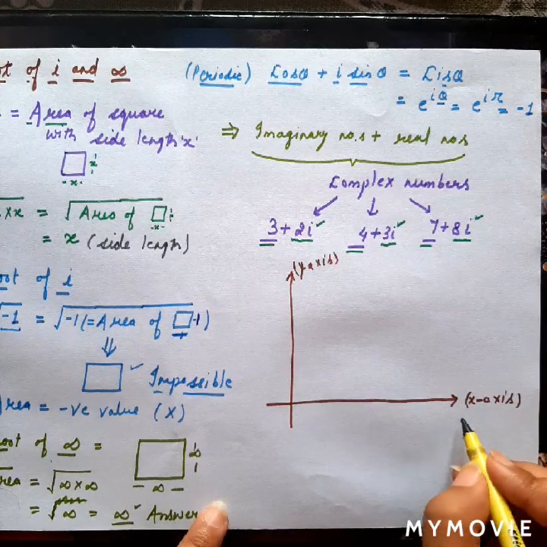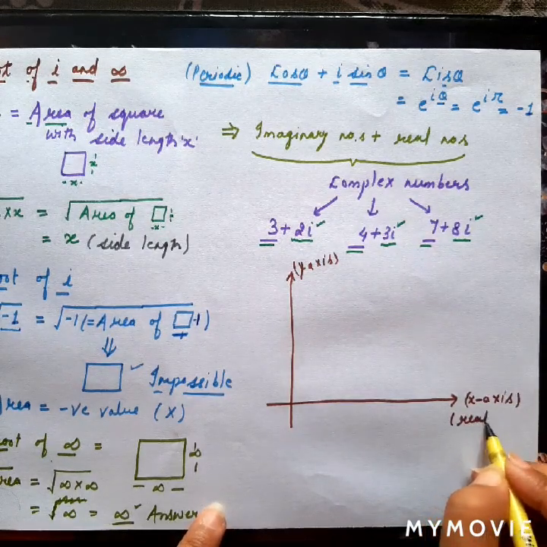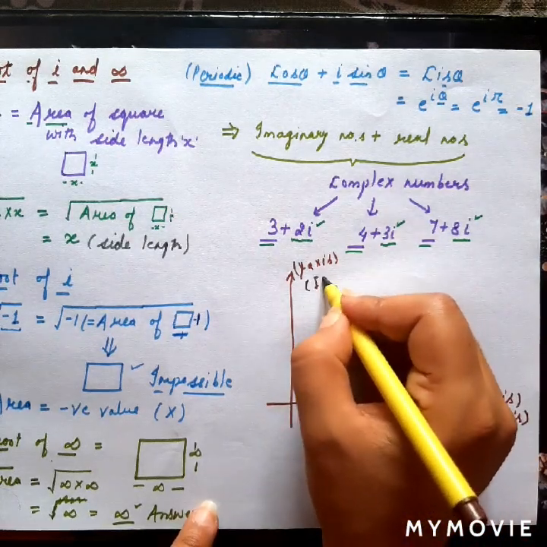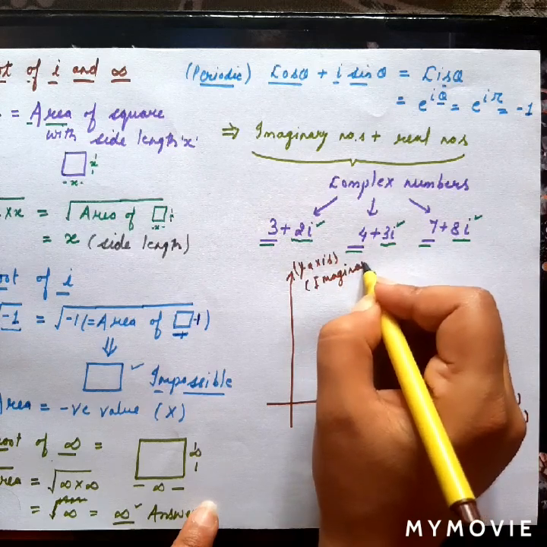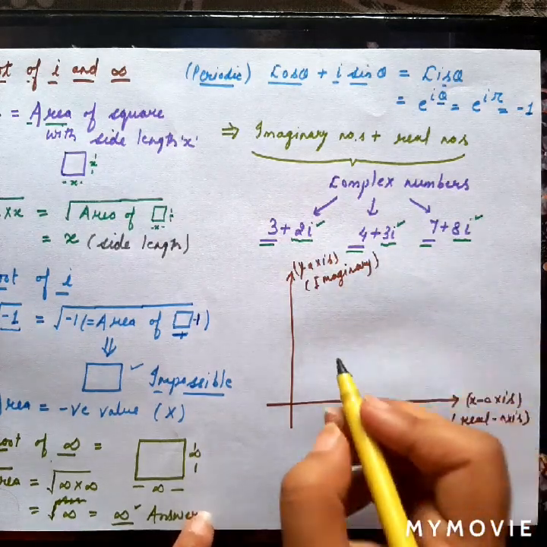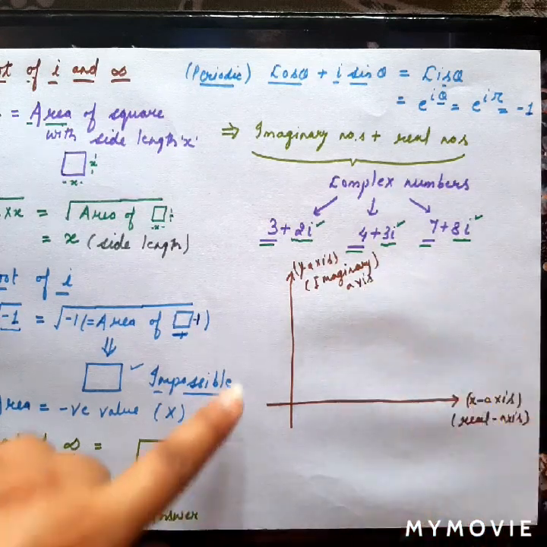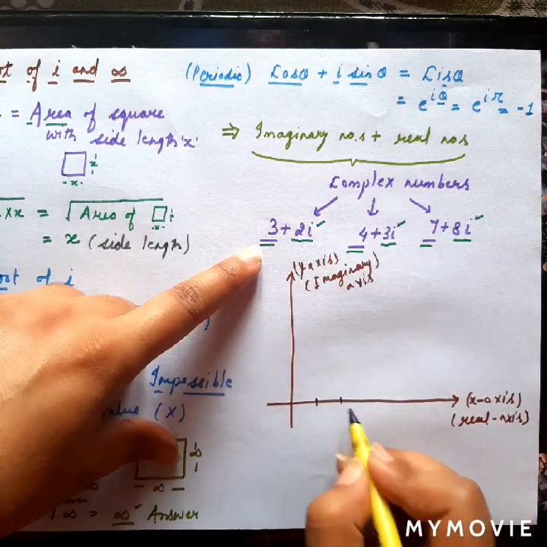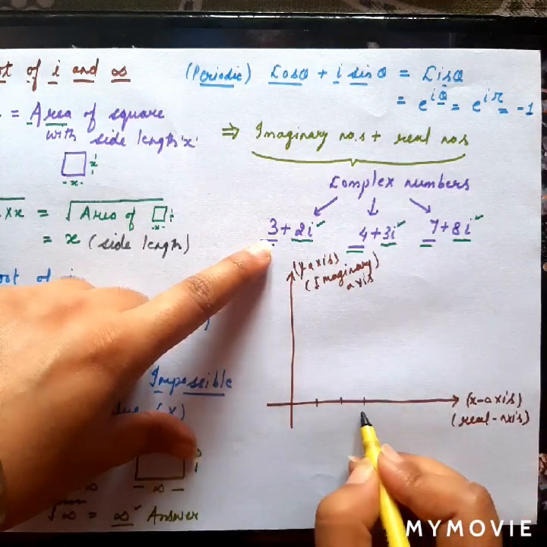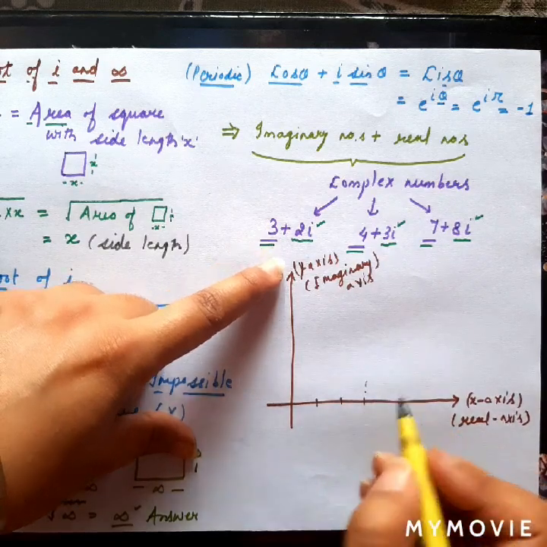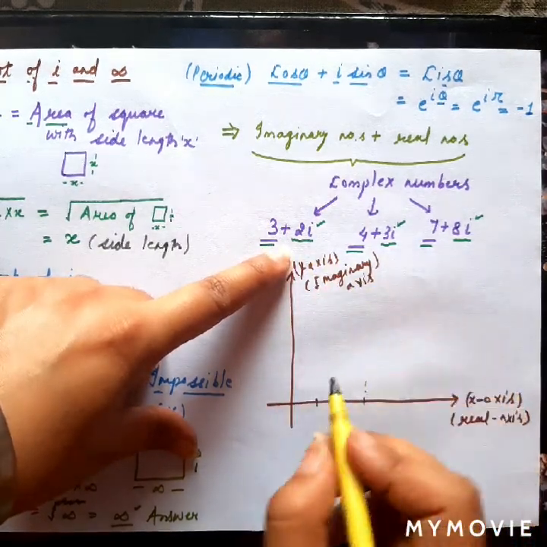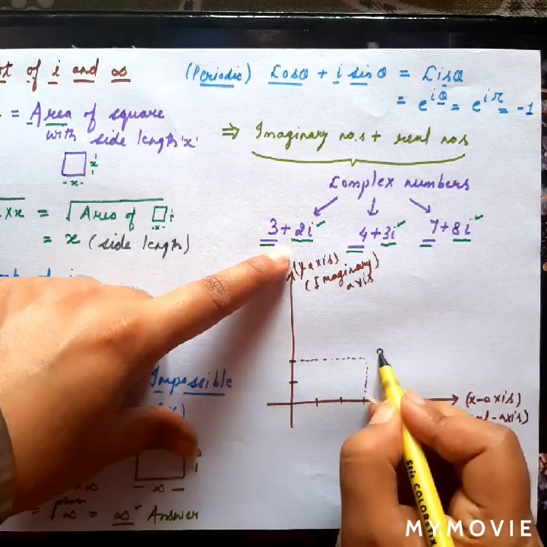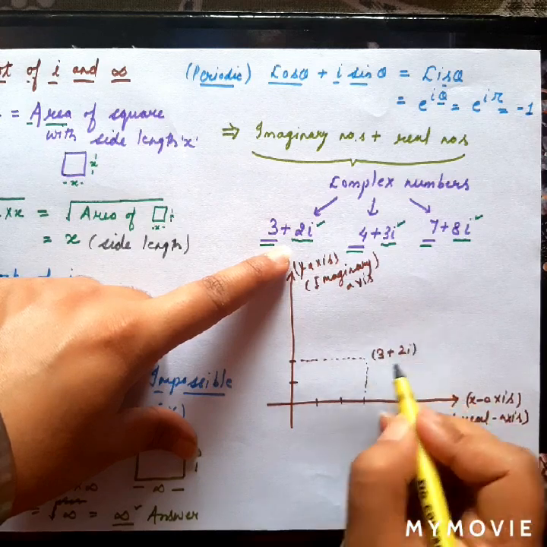So here the x-axis turns into the real axis, so here we write all the real values, and the y-axis turns into the imaginary axis. Here we write all the imaginary numbers, right? This is the imaginary axis. Suppose we have to write the value of 3 plus 2 iota. 3 is a real number, so here 3 will come, and 2 for the imaginary axis. So this is 1, 2, this is our point, 3 plus 2 iota, right?